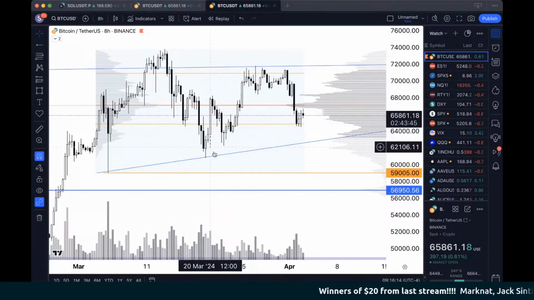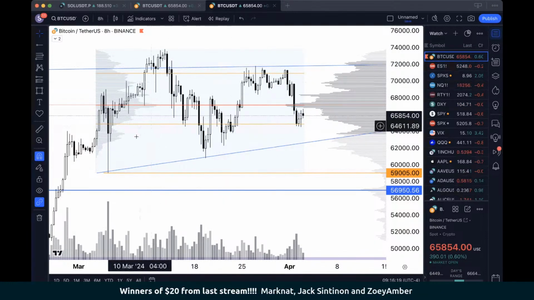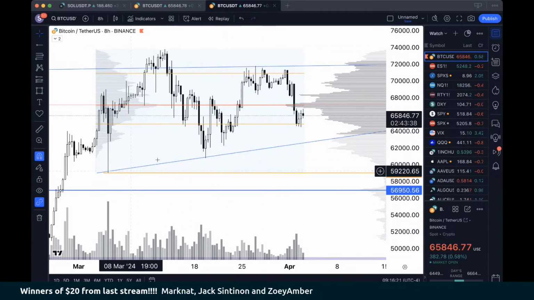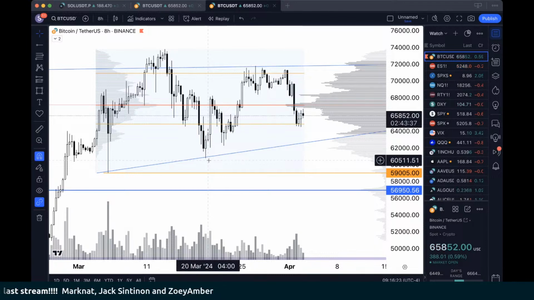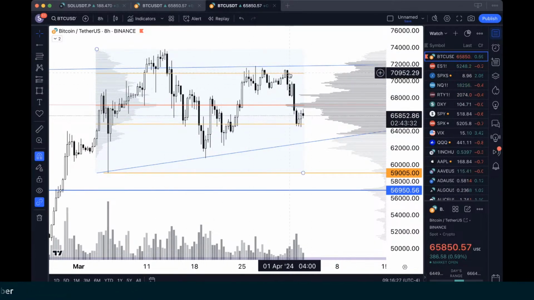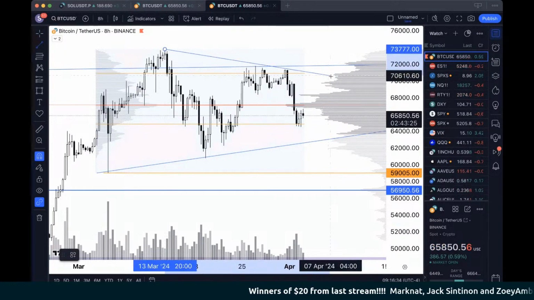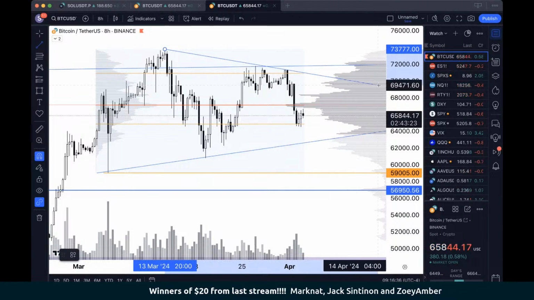Okay, so this is a range, and immediately I can see we're still technically making higher lows. We're making lower highs, and you can certainly add that to the chart.